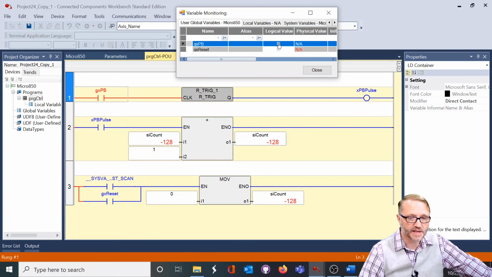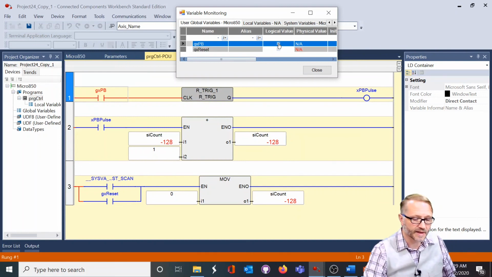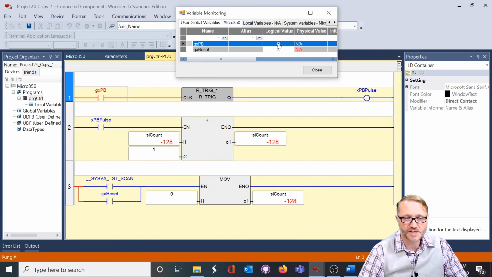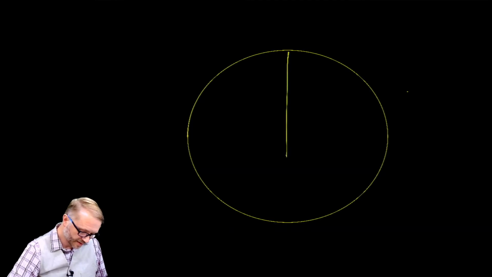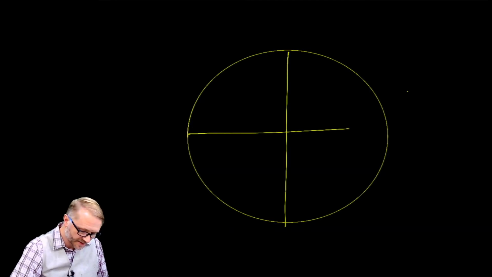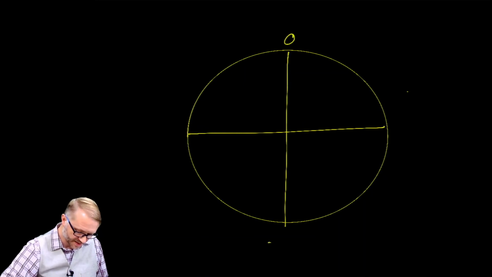So what we've done is we've wrapped around, right? As we went around the circle, we went to 127, then to negative 128. And if we were to continue, we would now see that the number gets closer to 0. If we were to think about that in terms of this circle, we would say this is 0, this is negative 128.